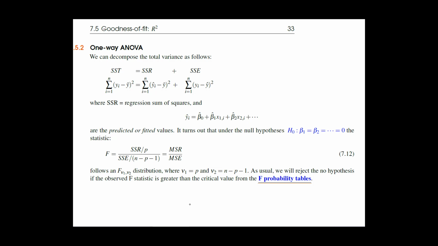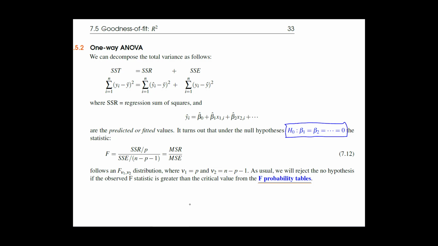What it does at the end is test this hypothesis right here, which I've never found useful, because you're testing that all parameters are 0. It's not very useful because you want to test each parameter separately.